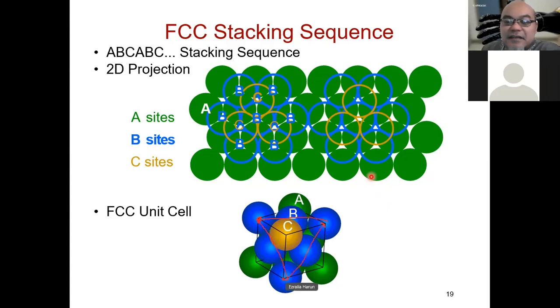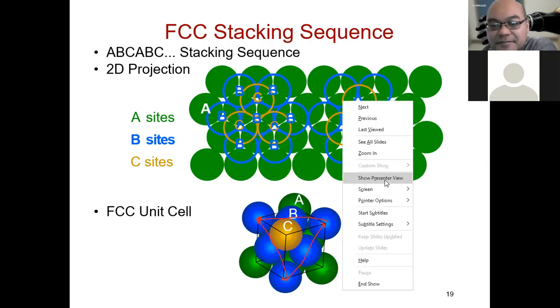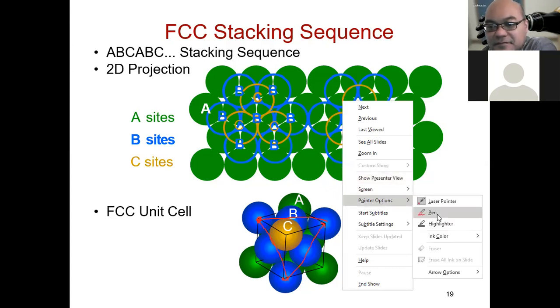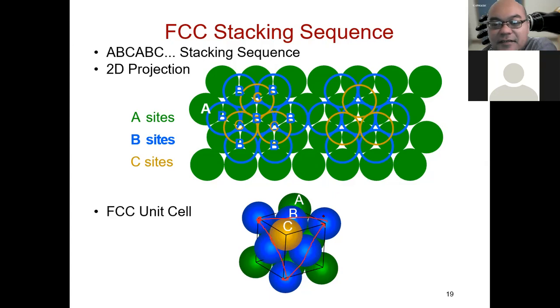So let's say, it is basically the 111 family. Let me draw. Yes, this is correct. This is the 111 family.